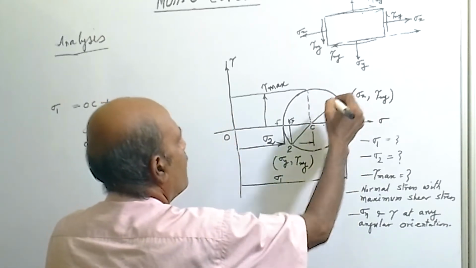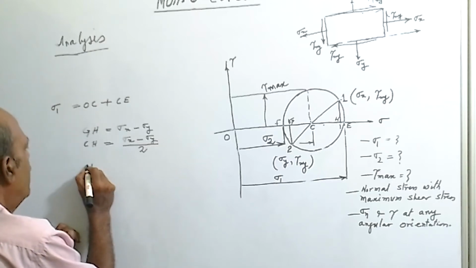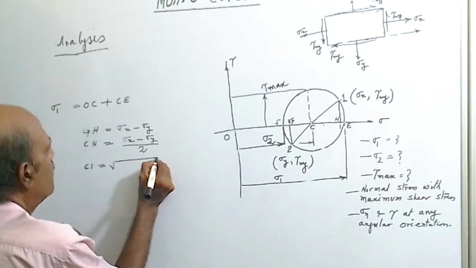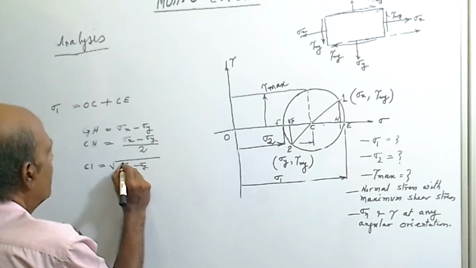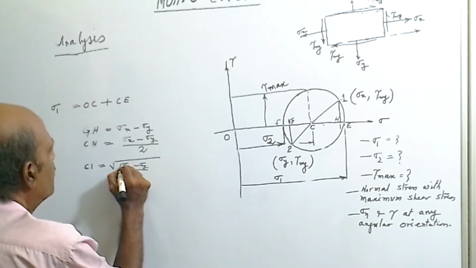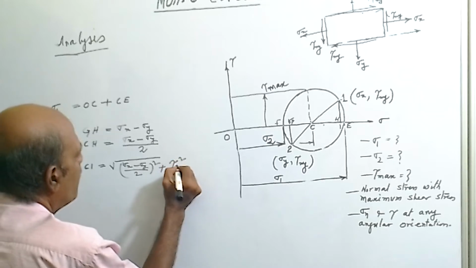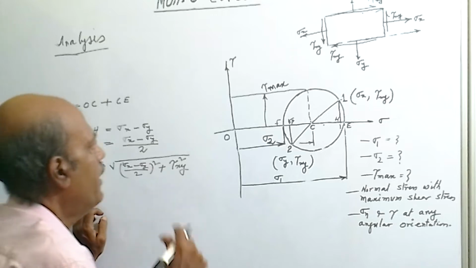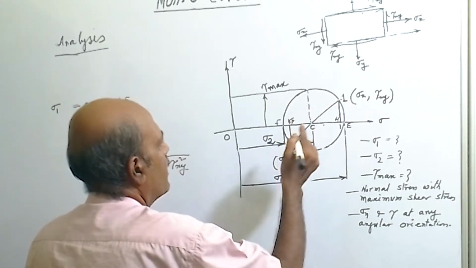So we can find the C1 distance, from C to 1, which will be root over of sigma x minus sigma y by 2 whole square plus tau square xy. That is C1, the radius of the Mohr circle.